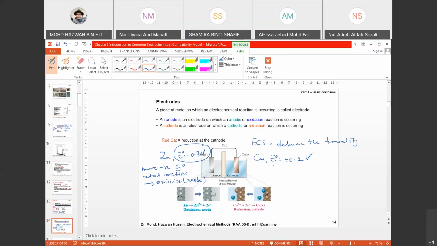Meanwhile, for this one, you will notice that the standard potential is more positive. More positive potential can be noted as a less reactive metal. Then a less reactive metal will undergo reduction and can be noted as cathode.